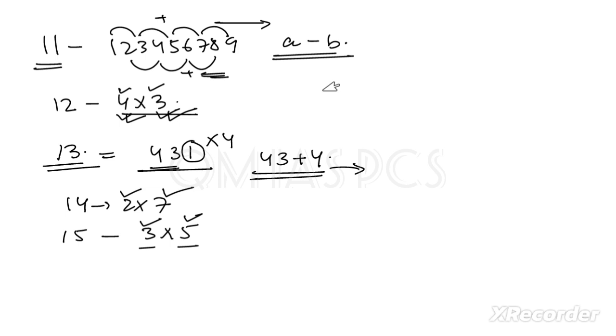So I guess you have completed till now, and if you have understood, that's good. If you are not understanding, that's okay, no problem. Just note down whatever I have taught right now.